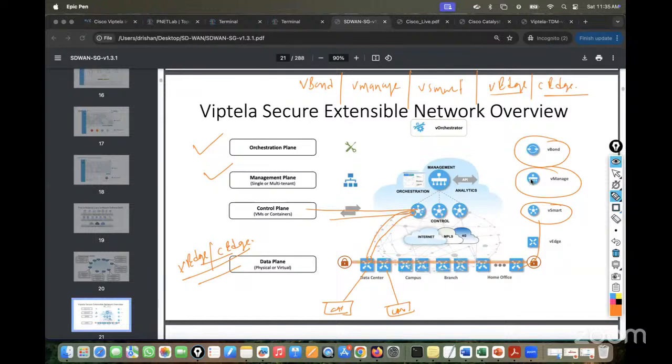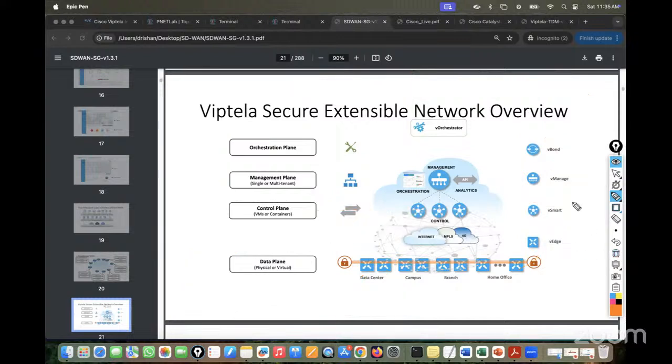vManage is a device which is the single pane of glass. Let's suppose you want to perform any activity for your network, say the routing configuration. This config you cannot do here. It is managing the routing, but configuration is always done by the vManage.